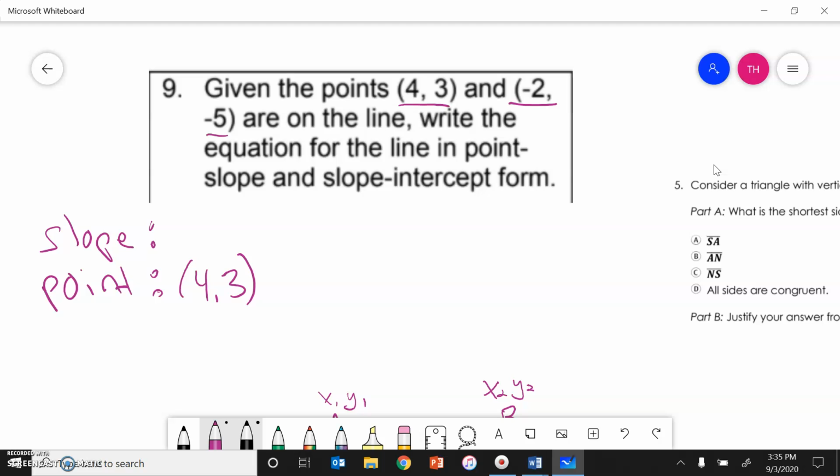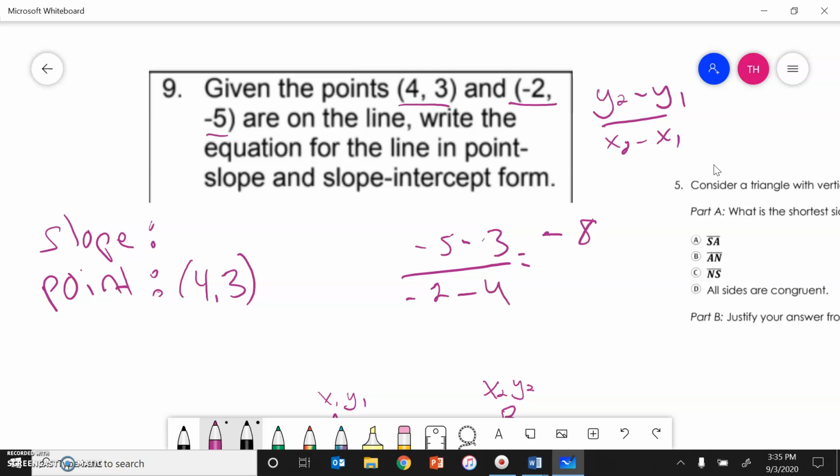So I'm going to use the slope formula. Again, the slope formula should be y2 minus y1 over x2 minus x1 to find my slope first. So -5 minus 3 over -2 minus 4 gives me a -8 over a -6. The negatives cancel, and 8 over 6 reduces into 4 over 3.